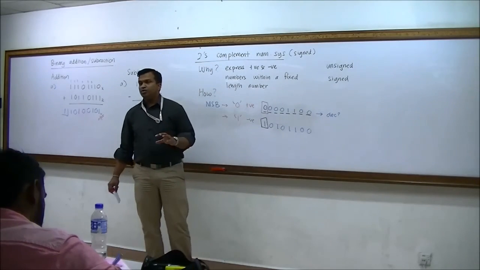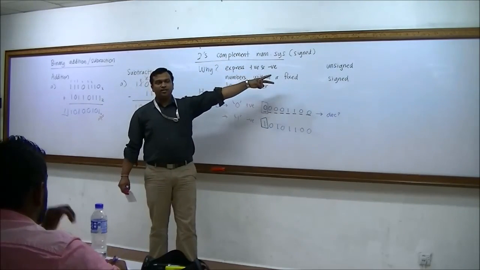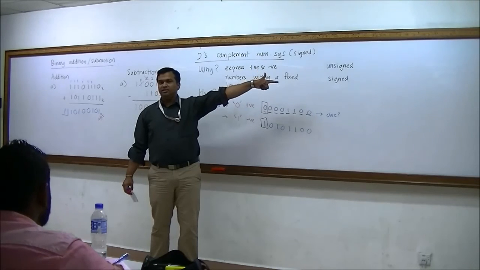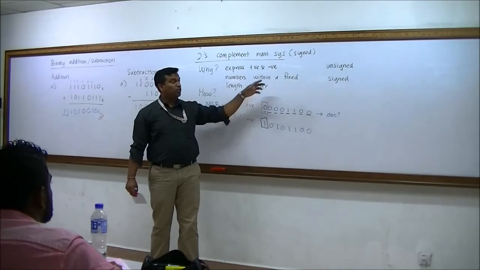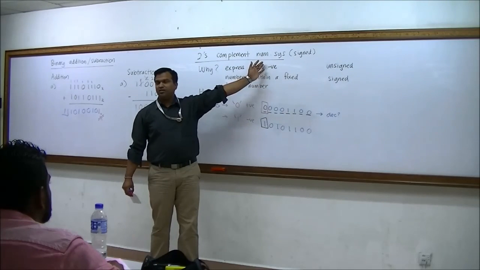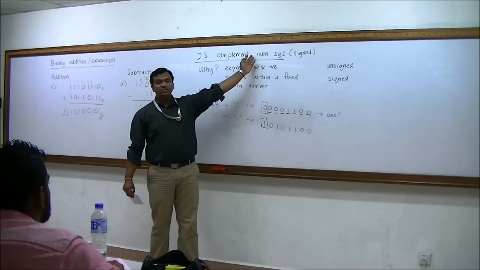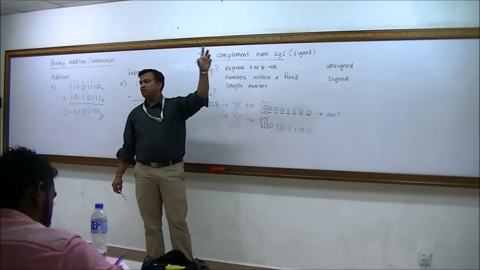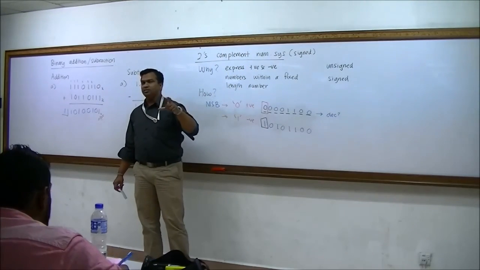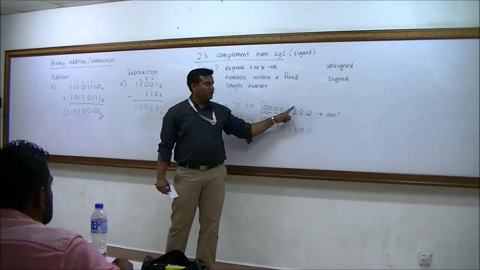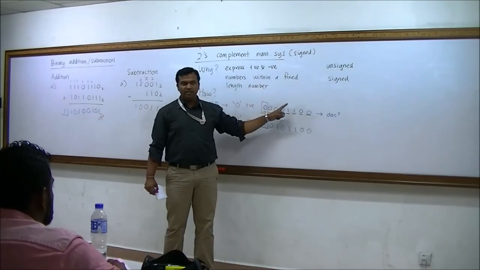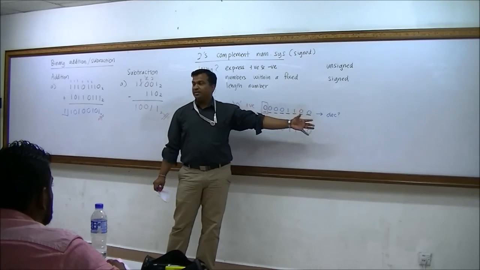So the thing that I want you to know now is there are two conventions of number. One is unsigned and one is signed. Both unsigned and signed work on binary numbers. If I say unsigned, you just take the weightage of the ones and add them up, you get the value, but there's no sign to the value.